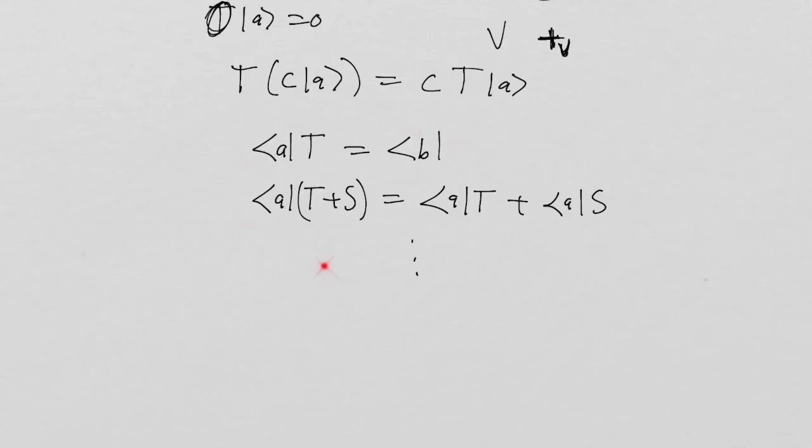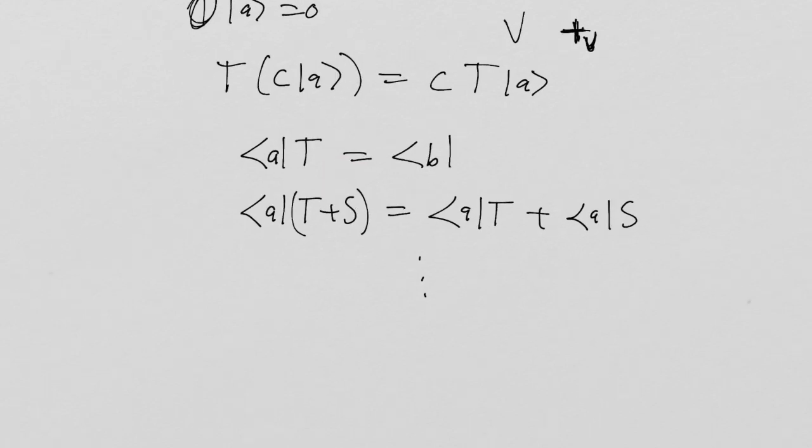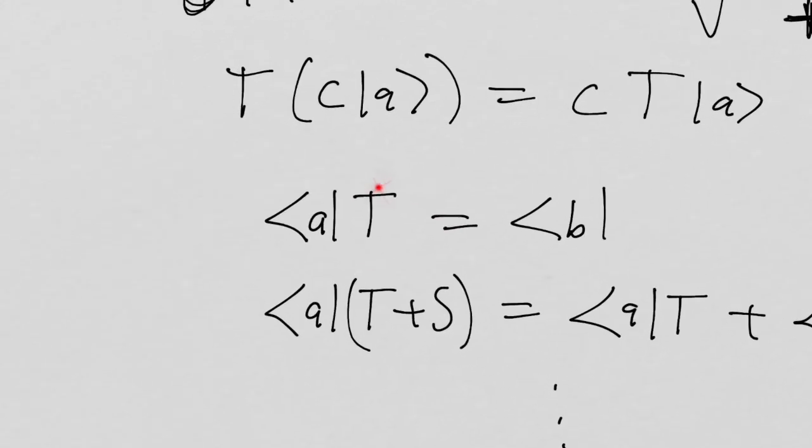And I'll just say, of course, all these rules apply when T is acting on bras. Now, when T's acting on a bra, it's always acting from the right to the left. We'll never write T acting on a bra from the left. That is not how we do it. And it would really ruin the flow of the notation if we attempted it, right?